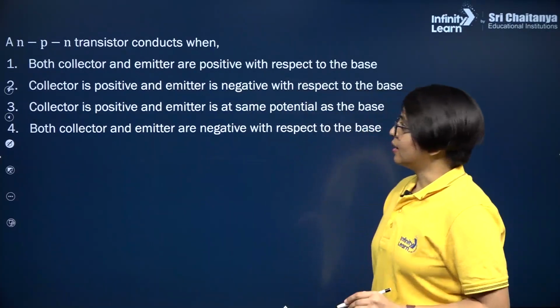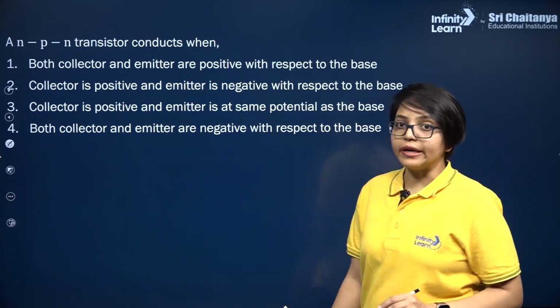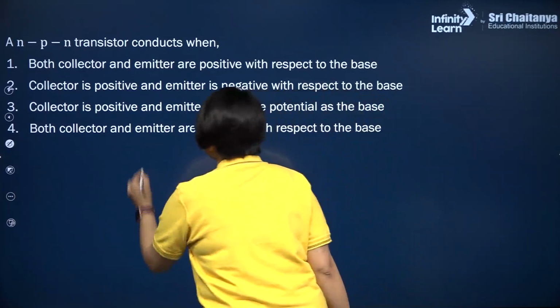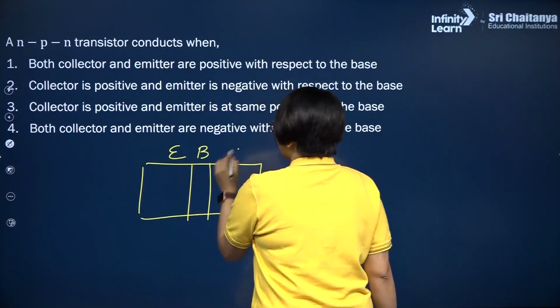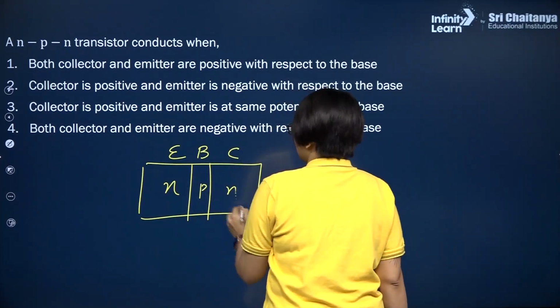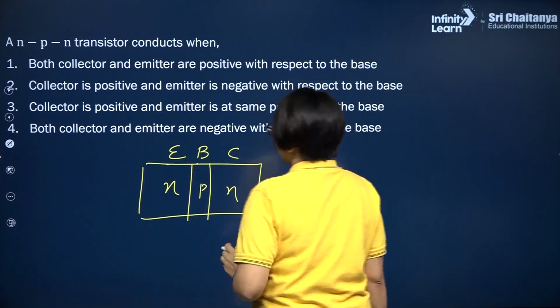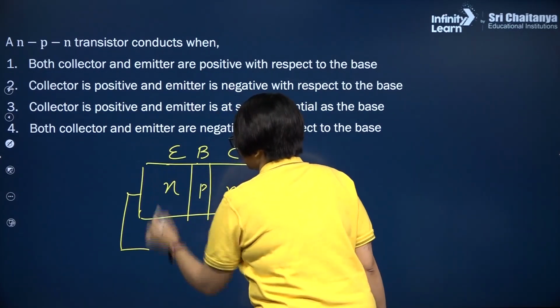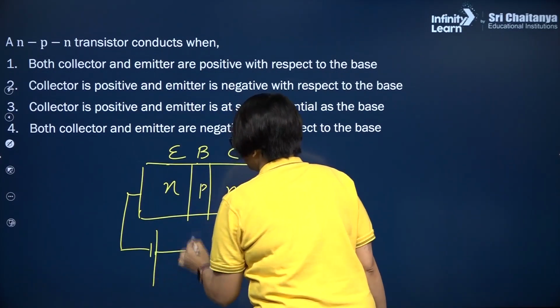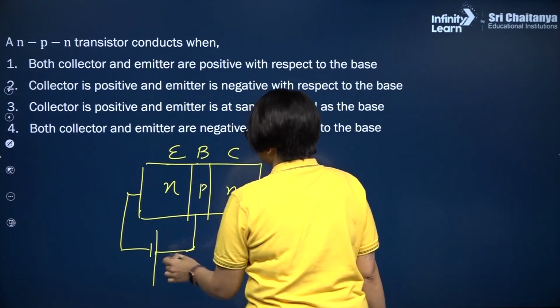Next is NPN transistor conducts. So this is an NPN transistor: emitter, base, collector. The emitter-base junction should be in forward bias. So the N type is connected to the negative terminal, and the P type should be connected to the positive terminal over here.